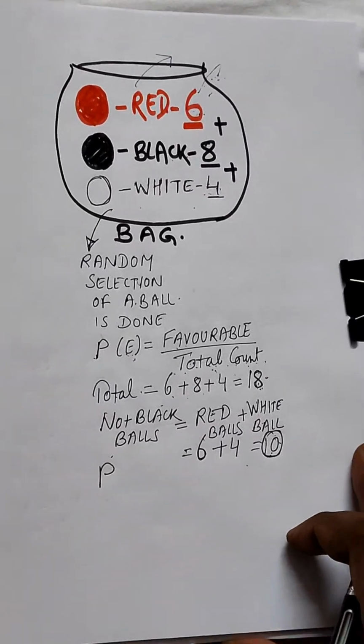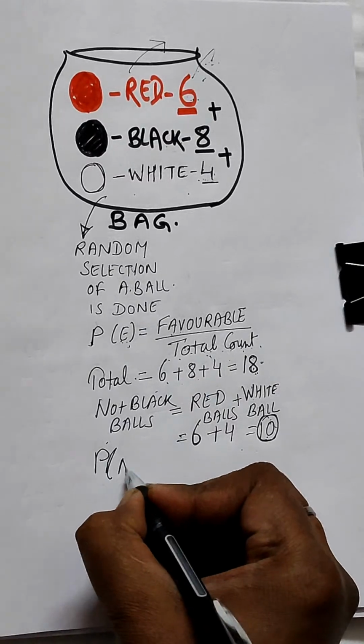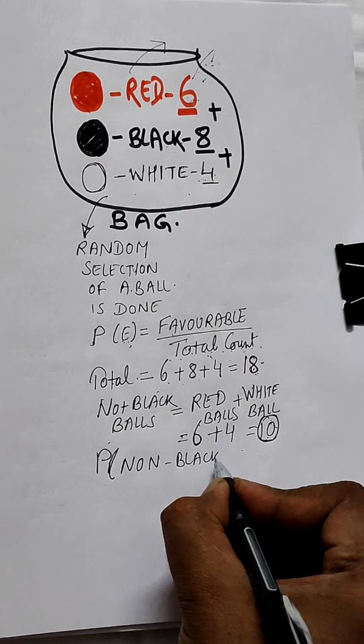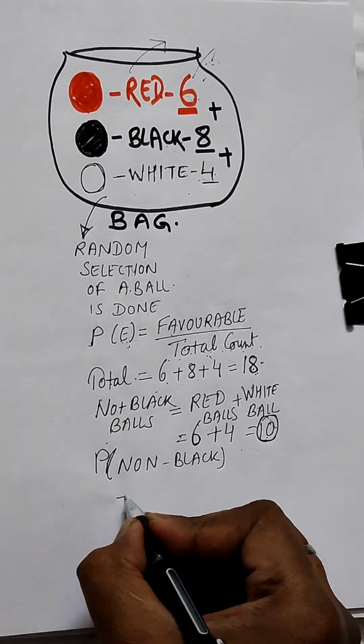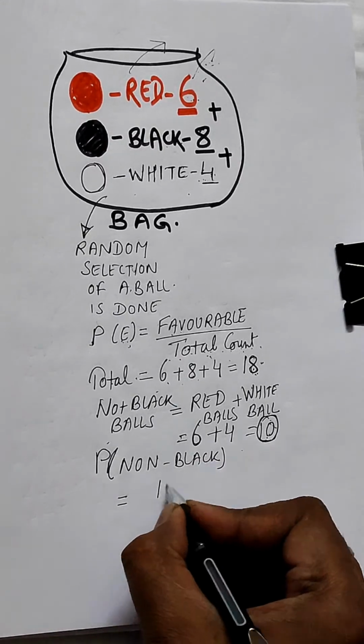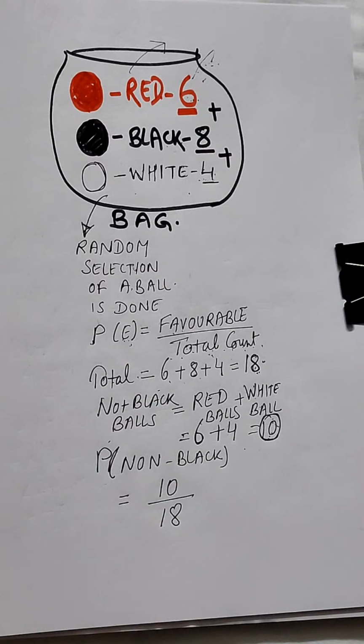Yeah. So the probability of non-black is equal to 10 by 18, right?